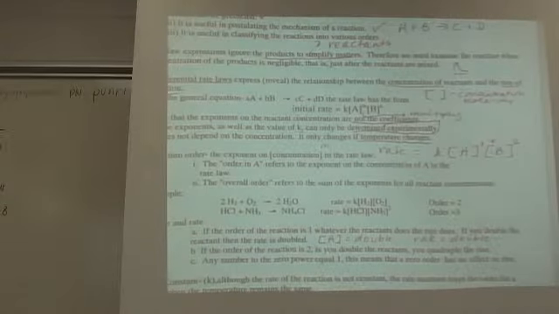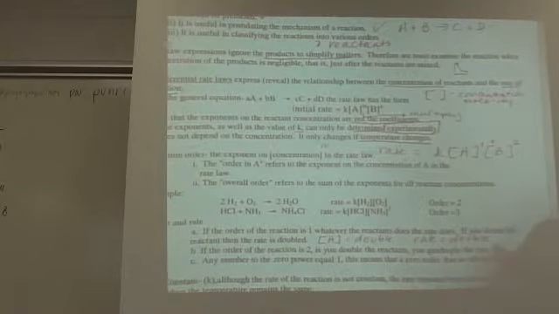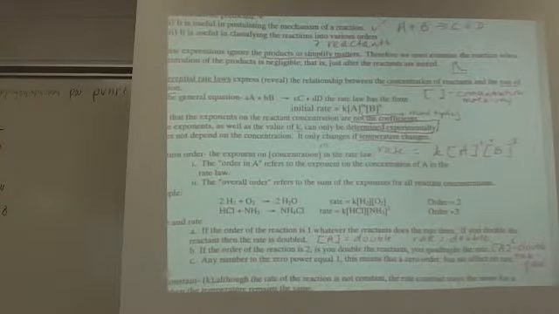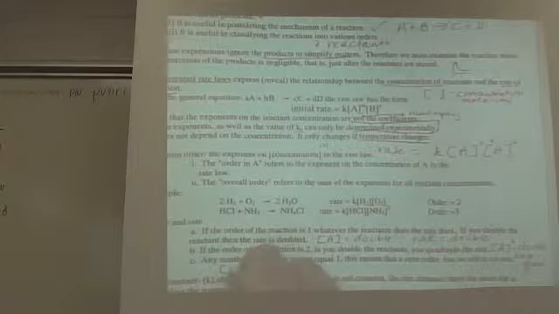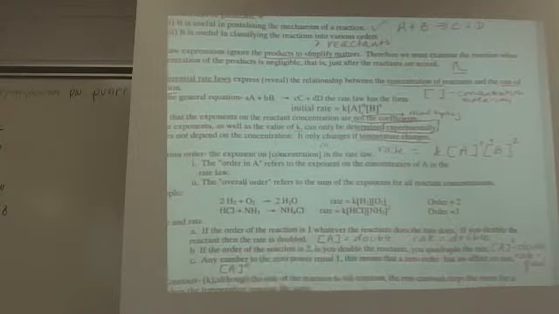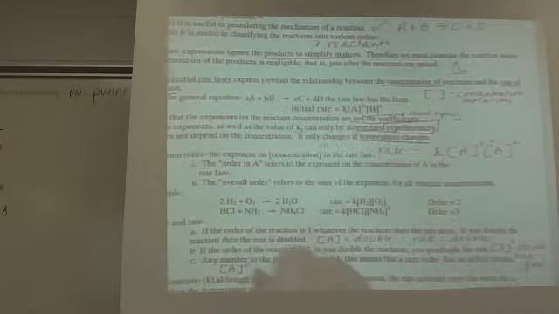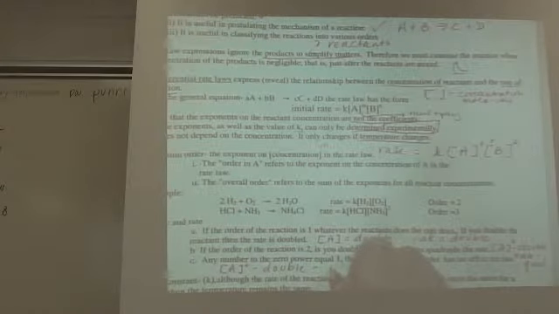If the order of the reaction is 2, if I double the concentration, then the rate will quadruple. All right. Now, if I had a reactant that was 0 order, what that means, if I double the concentration, there is no change in rate.